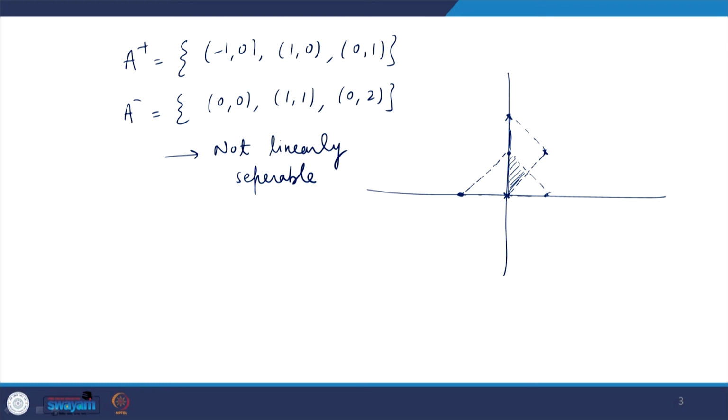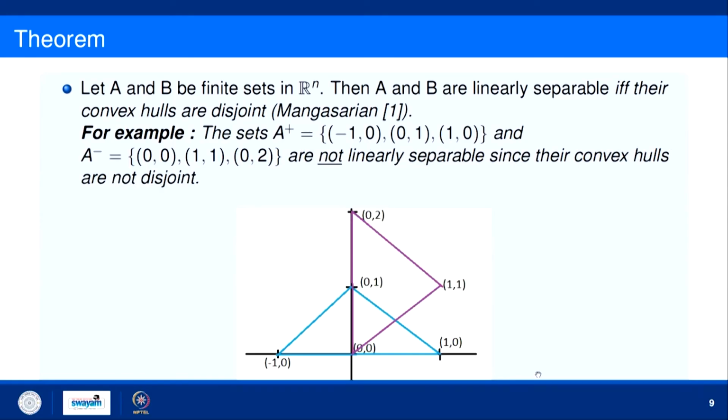You can also see it by geometry. We are having these 3 points here and these 3 points here, so you cannot find a plane that classifies these two classes. So, this is the first result: if the convex hulls of two classes are disjoint, then they are linearly separable, and vice versa.